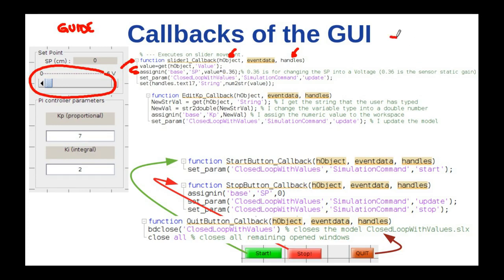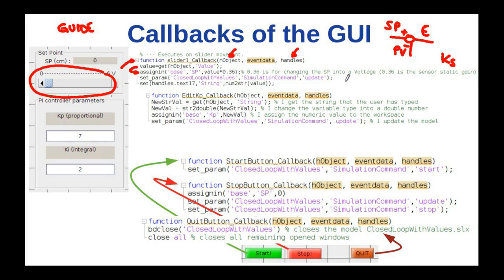At the end we have a control loop, so the set point, the process variable, and the error are in volts, because we are comparing the set point in volts and the process variable that comes from the sensor of the system. So that's why here we have value multiplied by 0.36, because 0.36 is for changing the set point into a voltage, because 0.36 is the sensor static gain, so this Ks.